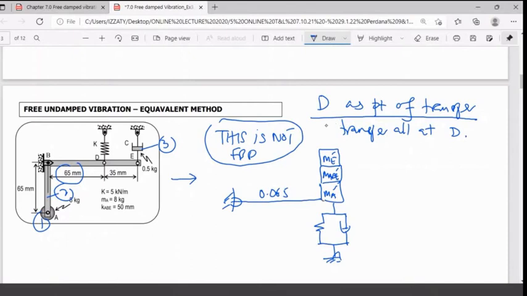You can put this one here or on the other side, it doesn't matter. This is not C, but C prime. It is not K, but K prime. You can call it KT or CT, where T means total. The whole lot becomes MT prime.